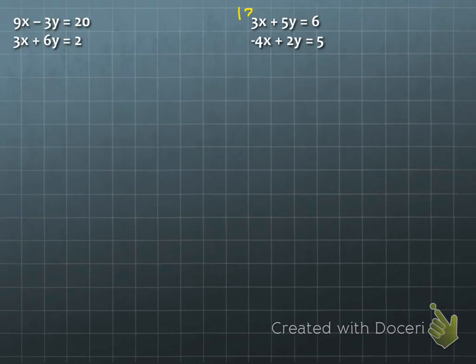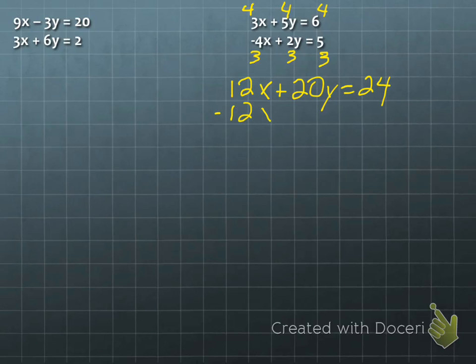So I can multiply the top by 4 and the bottom by 3. So I get 12x plus 20y equals 24. And the bottom is negative 12x plus 6y equals 15. Again, my x's cancel out.